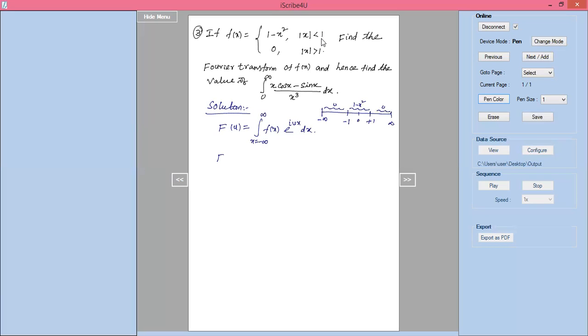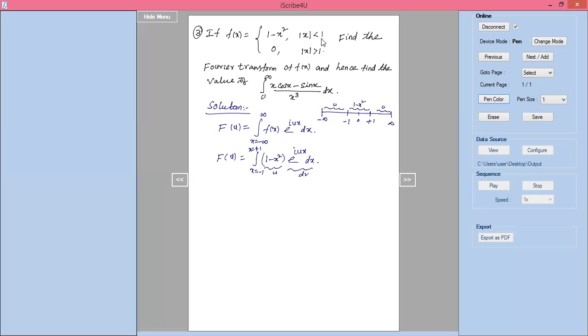Now I'll write this directly. Instead of splitting the limits, I'll write x equal to minus 1 to x equal to plus 1. F of u is the integral of 1 minus x square into e power iux dx.